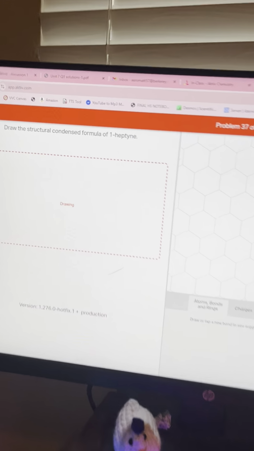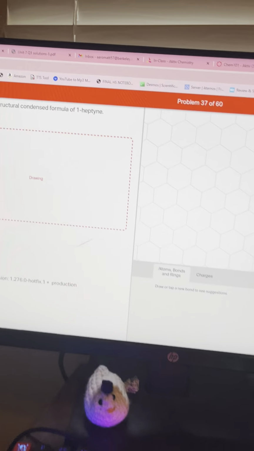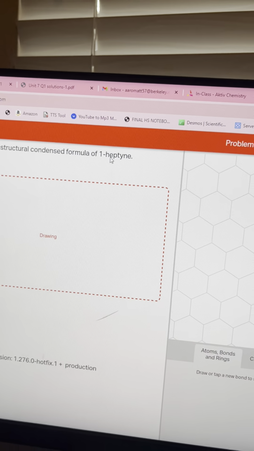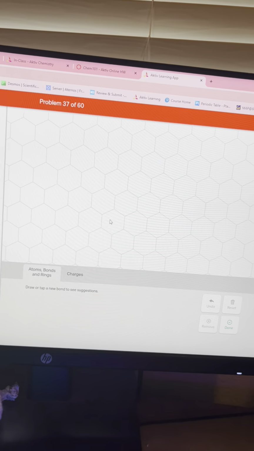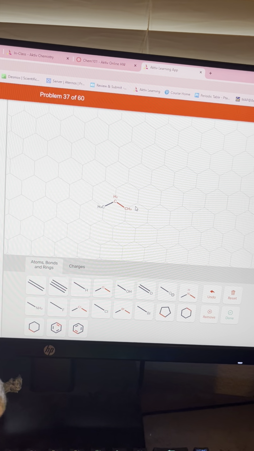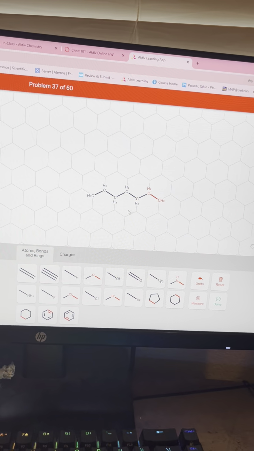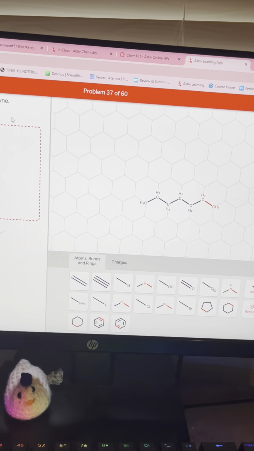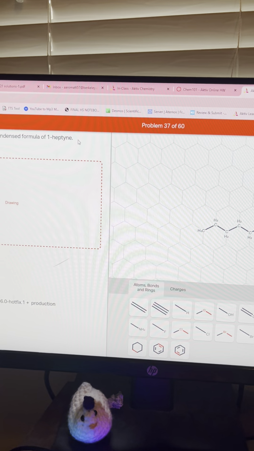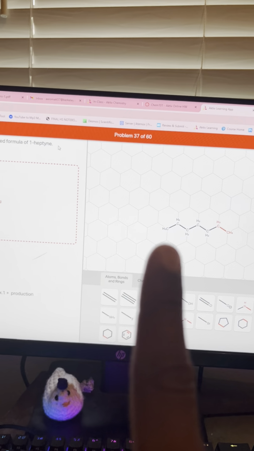Next, now we're drawing heptynes. So first, do the hept, which is 7. So do 7. 1, 2, 3, 4, 5, 6, 7. And then remember, the yne means that we are with a triple bond.